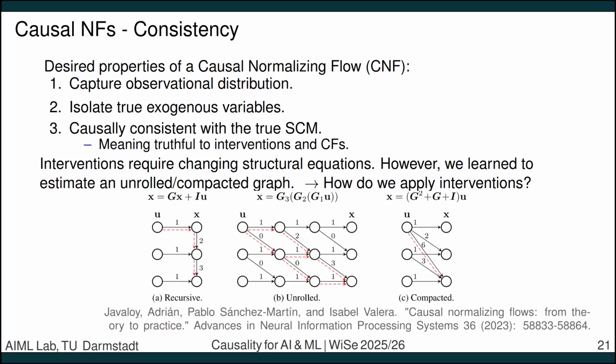Because the problem usually is that if we apply an intervention, let's say for the second, so the center variable, we usually cut all the parents to that variable. But here it might not be so obvious how to do that, because somewhere in that network, we somehow need to cut a bunch of arrows.